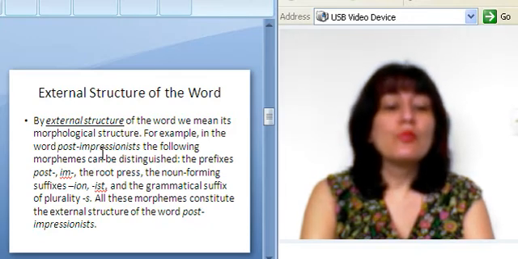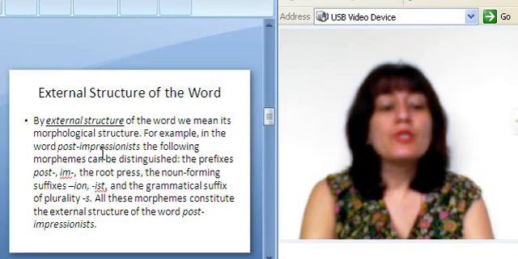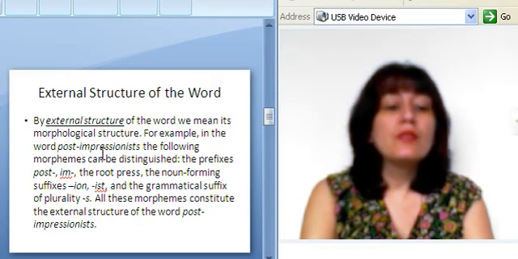For example, in the word post-impressionists, the following morphemes can be distinguished: the prefixes post, im, the root press, the noun-forming suffixes in, ist, and the grammatical suffix of plurality s. All these morphemes constitute the external structure of the word post-impressionists.